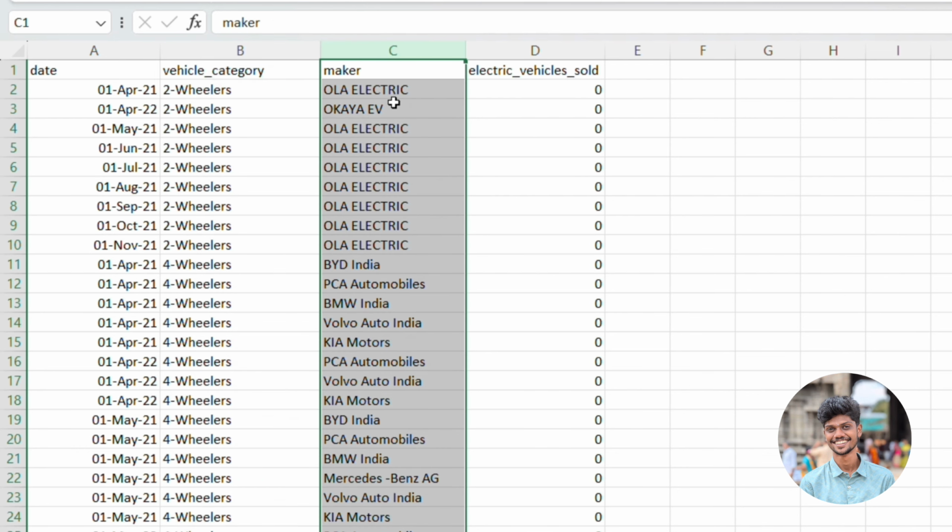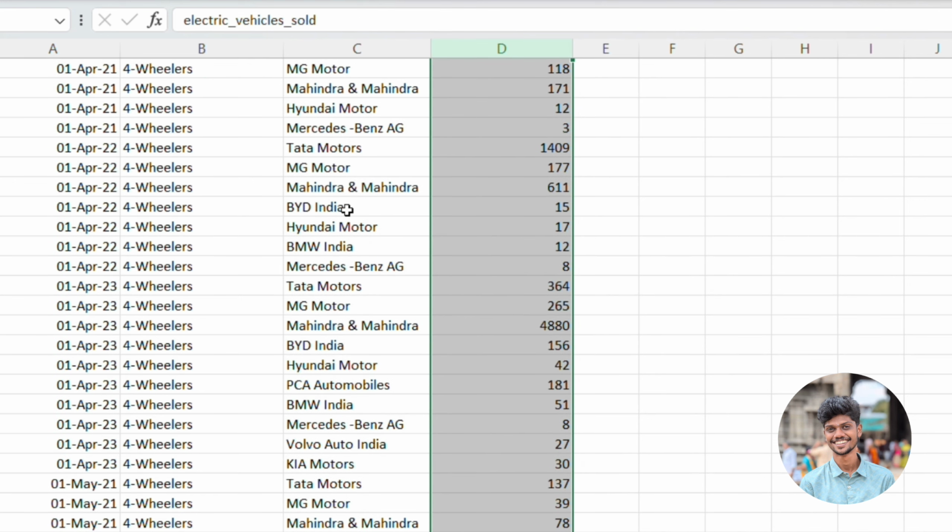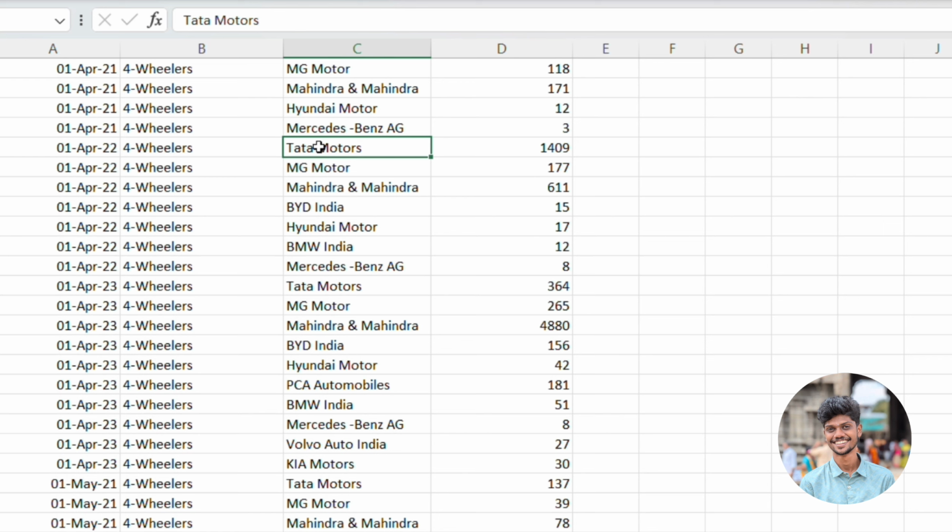And this is the name of a company or brand like Ola Electric, Hero Electric, or Tata, etc. This tells us how many electric vehicles were sold by a particular company in that month for a specific category.